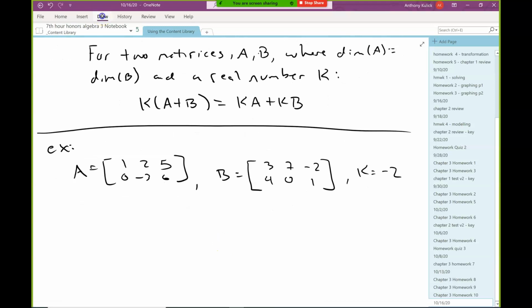Okay, so let's do this example here right quick. Oh, I didn't write down what we're doing, huh? Let's say we want to do k times (A plus B).